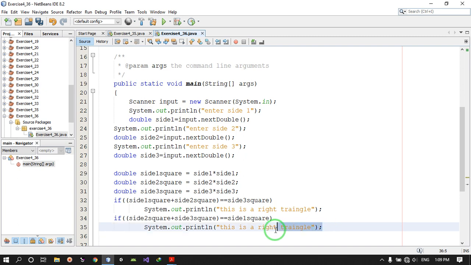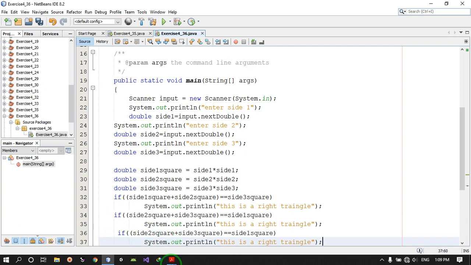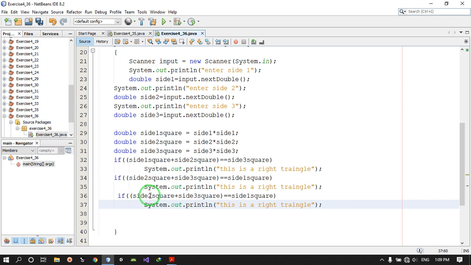Then let's copy it again. Copy and paste, side 3 and side 1 equals side 2.